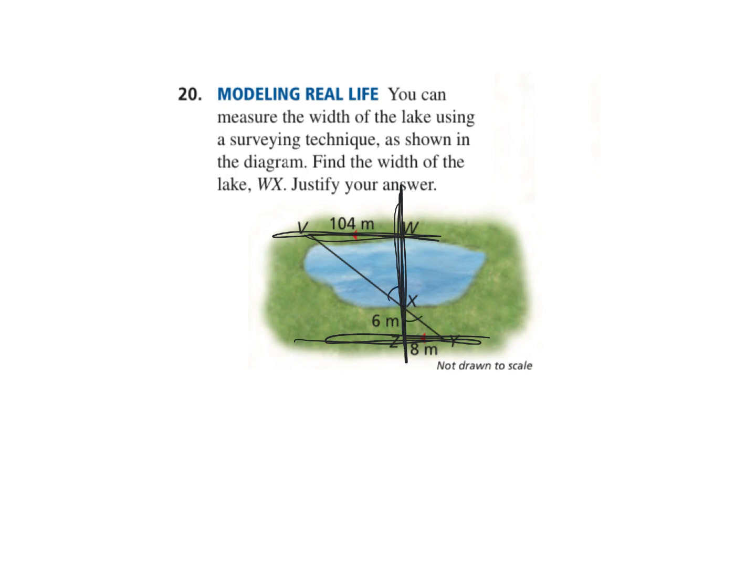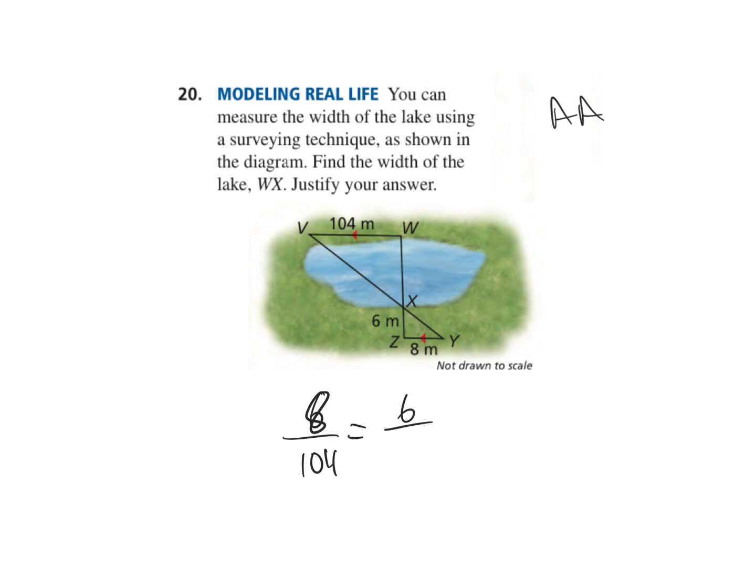So first of all, vertical angles, and then alternate interior angles are equal. So you have two angles now in the two triangles, so by the angle-angle similarity theorem, the two triangles are similar, okay? So if the two triangles are similar, then you can set up all the proportions. So 8 is to 104 as 6 is to WX.